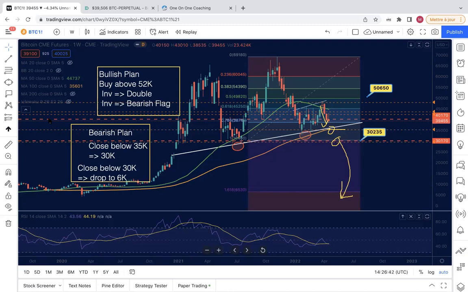Well, I don't see any questions. I hope that everything is clear. So you can write down these two plans and you can do just the same. Set your alerts on all your platforms, Binance or whatever, and wait for the action.